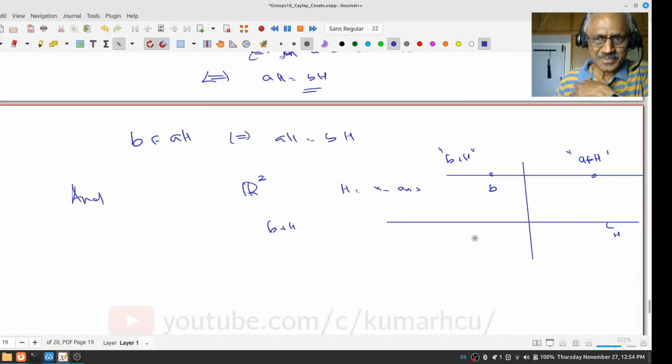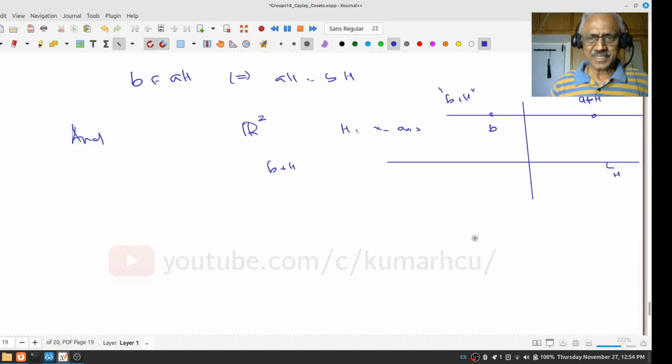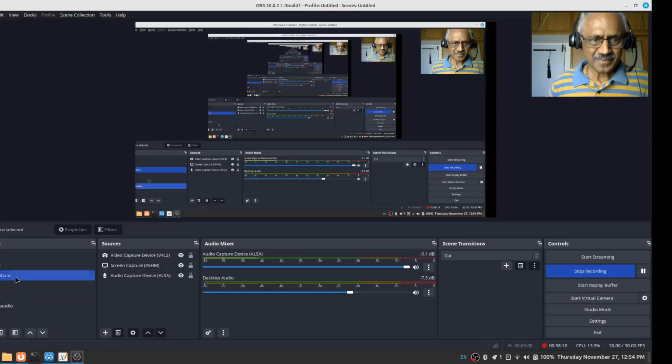Think about it; this kind of geometry is never done. And as usual, those who asked me to do group theory may be wondering why.